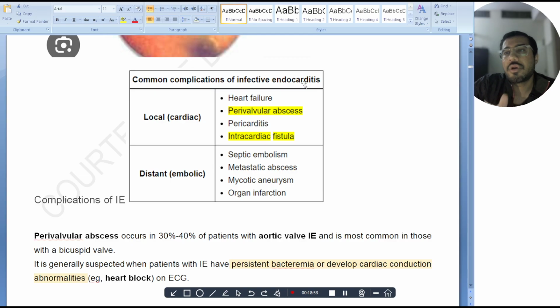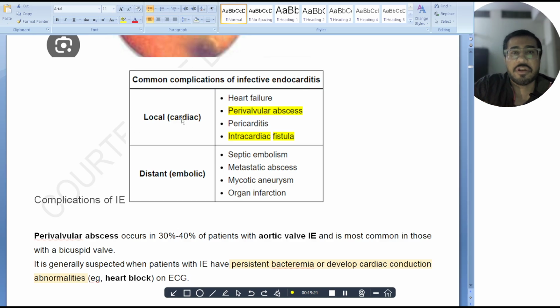Local infection would be perivalvular abscess in the valvular region, perivalvular just adjacent to the valves. It can go to the distant area. For example, it can extend to the spleen and cause splenic abscess. What else? It can cause splenic infarcts as well. It can cause cerebral infarcts as well. It can cause glomerulonephritis as well. And everything. We've covered everything.